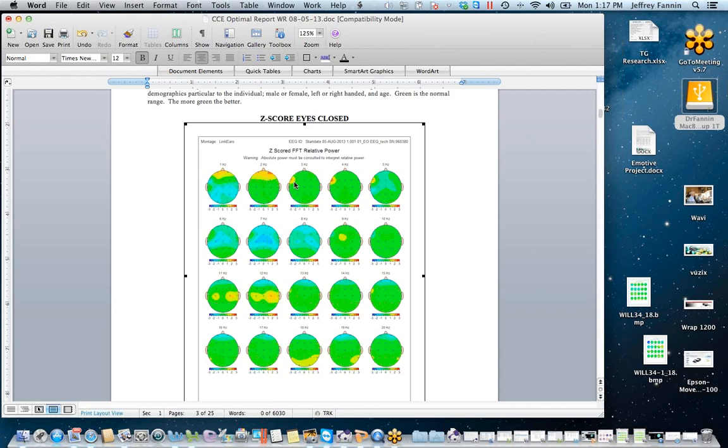But let me go back up here and talk about this area in 3, 4, and a little bit in 5 hertz. This area is what we call F7. And F7 regulates our working memory. It also deals with our selective and sustained attention.